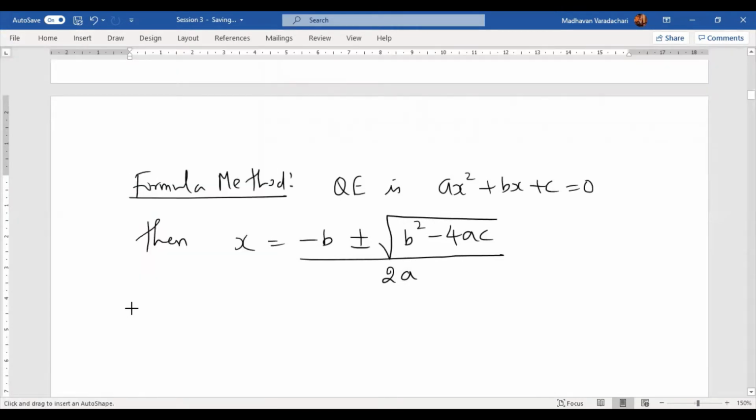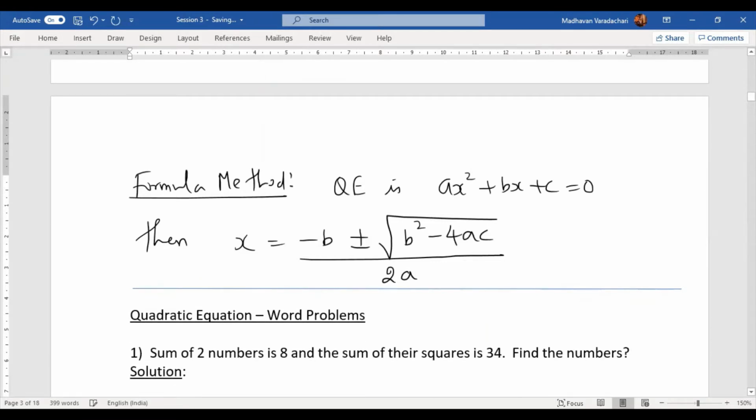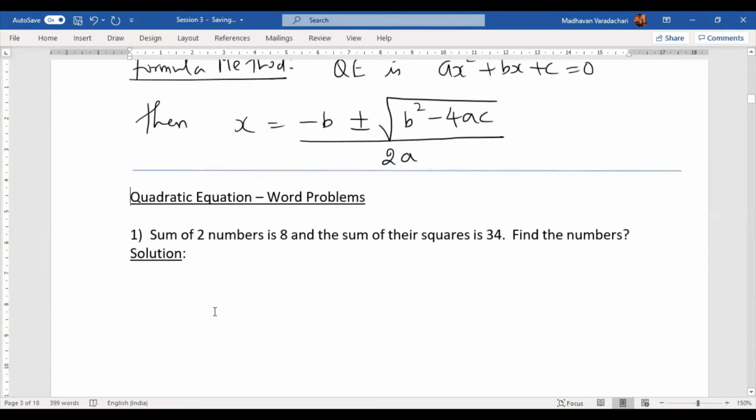Now let us move on to some problems. The very first question, sum of two numbers is 8 and sum of their squares is 34.